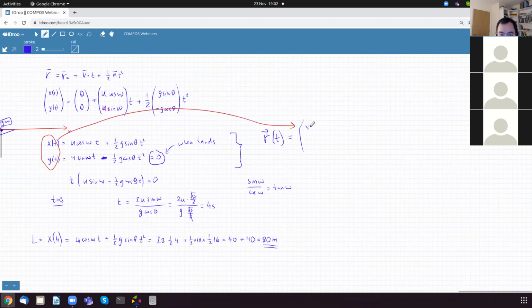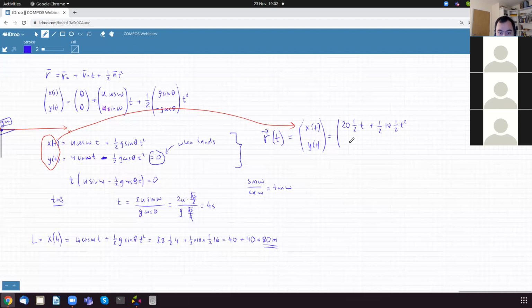So it's going to be x of t, y of t, and x of t is u, which is 20, then cos omega, so cos 60, so it's 1/2, t plus 1/2 times 10 times sine 30, which is 1/2, t squared.